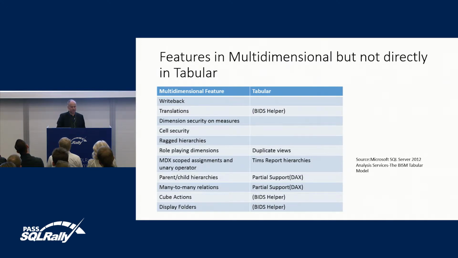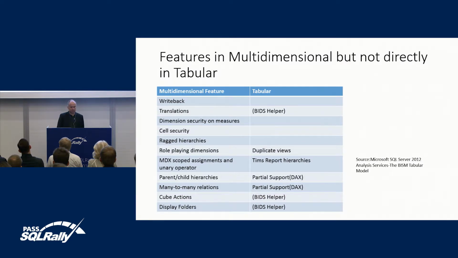MDX scoped assignments and unary operators cannot be moved to Tabular at all, because Tabular has no vision about coordinates and multidimensional space at all. It's just flat.